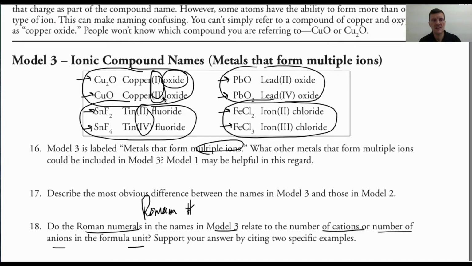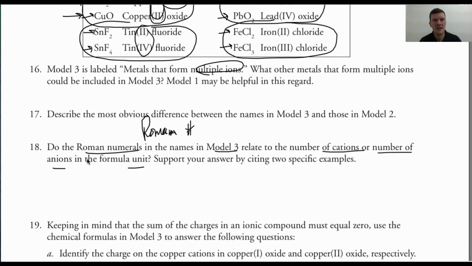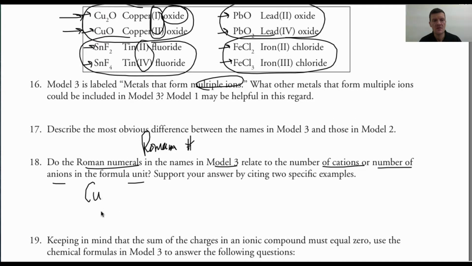So let's break this down a little bit. Let's look at these two copper compounds. We've got copper and we've got oxygen. Well, copper can form a +1 ion or it can form a +2 ion. So that's going to influence in what ratio it combines with oxygen.